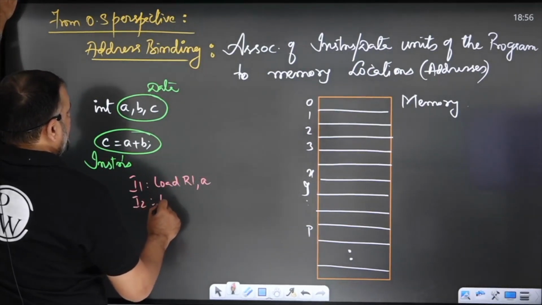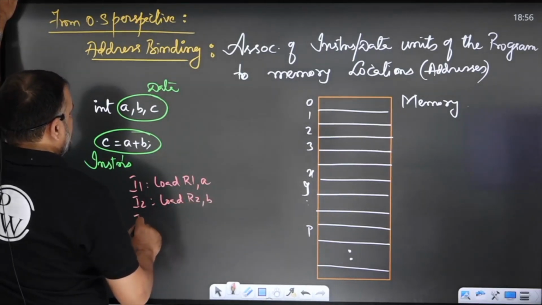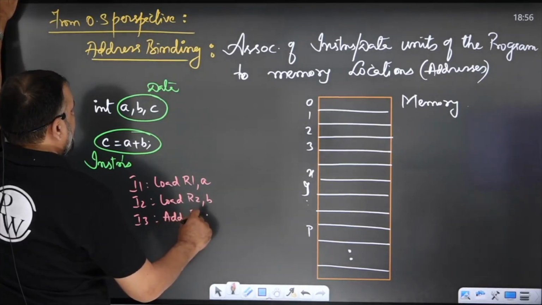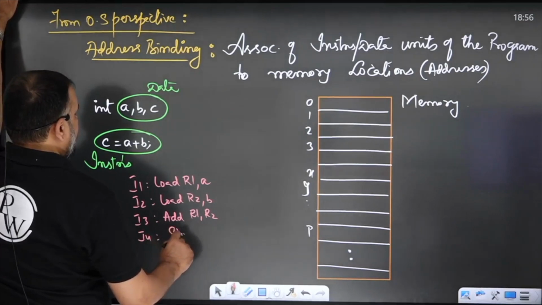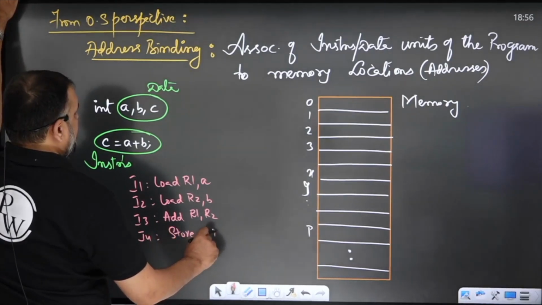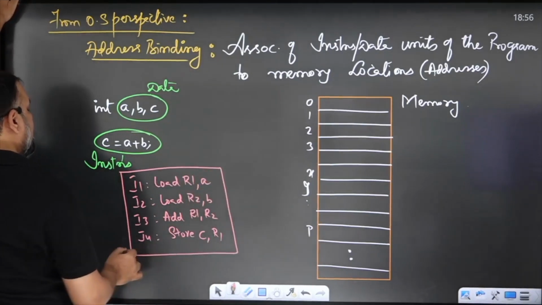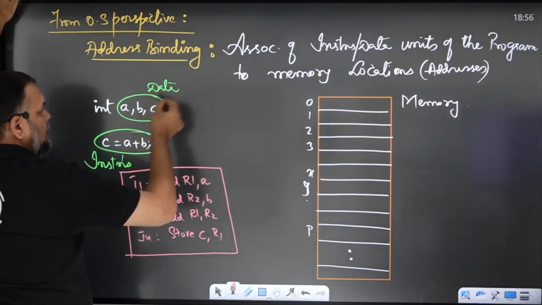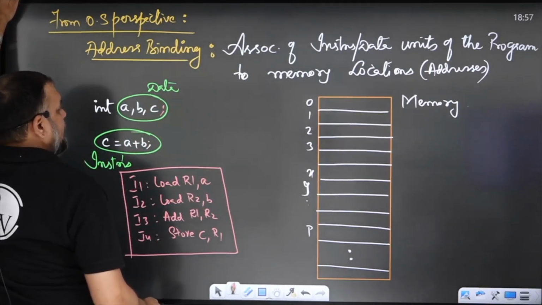Instruction 2, load into some register R2 the value of B. Instruction 3, add the contents of R1 and R2, assuming the result is in R1. Fourth instruction, store the result R1 into variable C. These 4 instructions form part of your executable code, and this is my data. When I want to execute the program, I have to store this in memory locations.